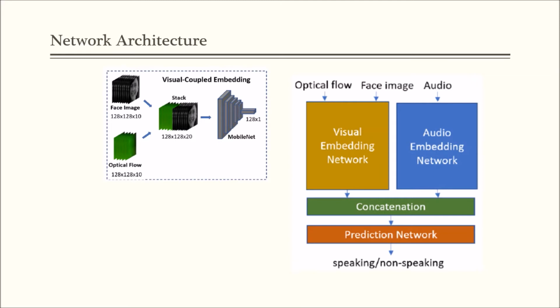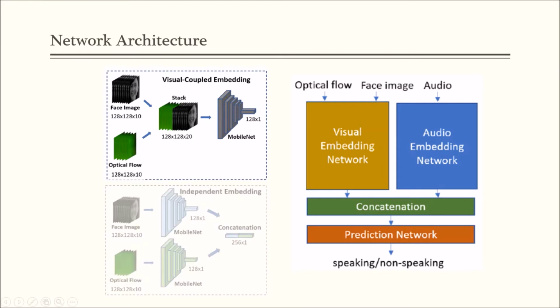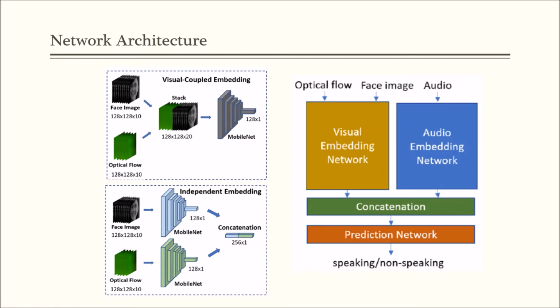The output of the last layer is a 128-dimensional visual embedding vector. For the independent embedding, we use two MobileNets to process the input face images and optical flow respectively. The output feature vectors from the two embedding networks are concatenated as a visual embedding.